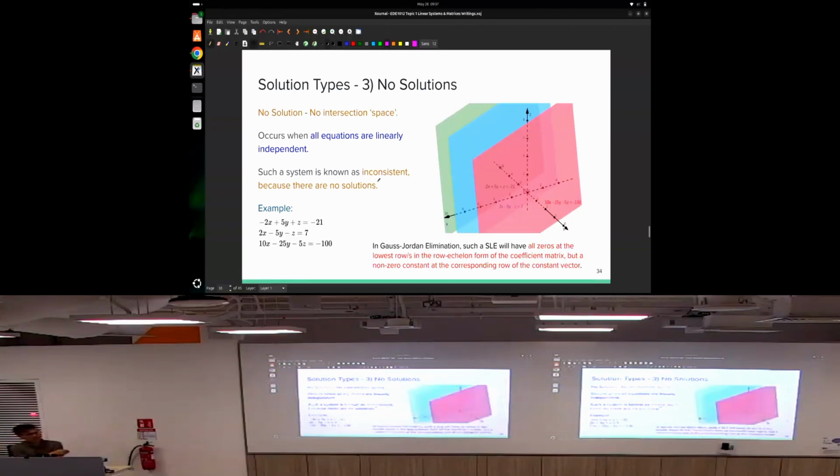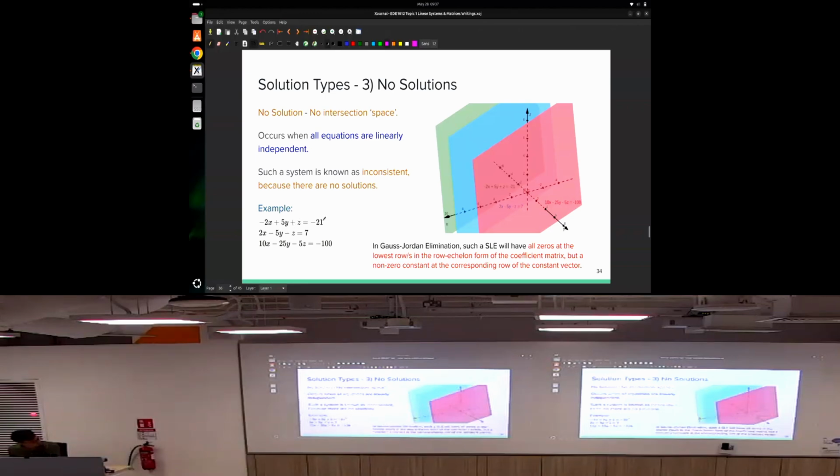So the same thing goes for the 3D example. Three planes parallel but not intersecting. If you look at the equations here, you understand why. Look at the first one: -2, 5, and 1 for the coefficients. The second one, the coefficient is just -1 times the first one. You take -1 times -2, you get 2 here, correct or not? The same thing goes for the 5 to -5 and the 1 to -1.